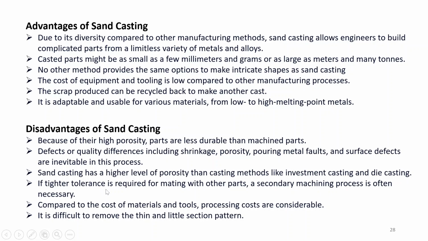And if tighter tolerance is required for mating with the other parts, a secondary machining process is often necessary. So you require machining as well as heat treatment, which adds to the existing cost. Compared to the cost of materials and tools, processing costs are considerable, and it is also difficult to remove the thin and small section pattern.